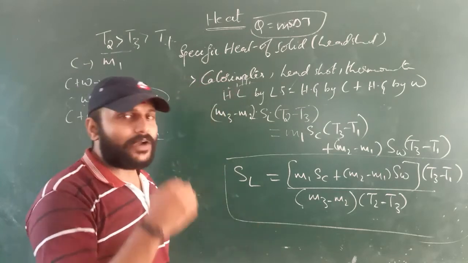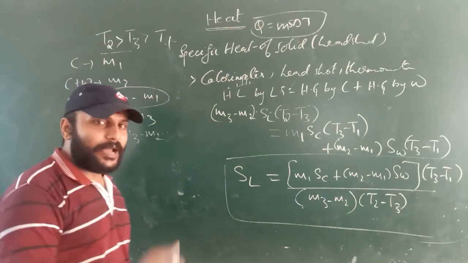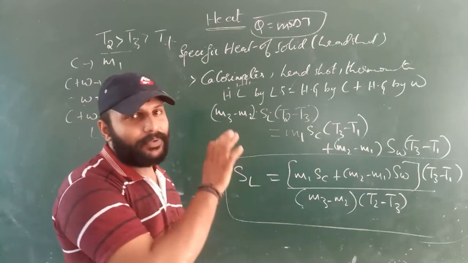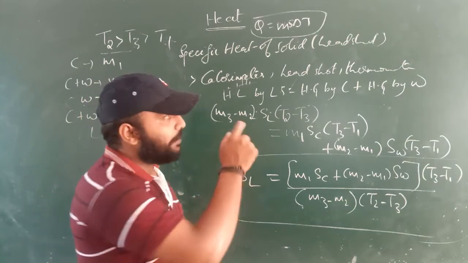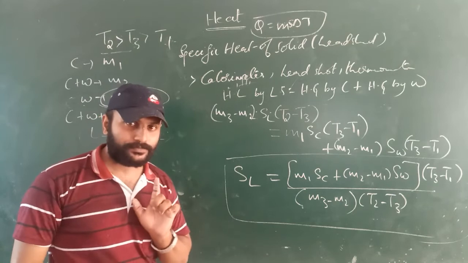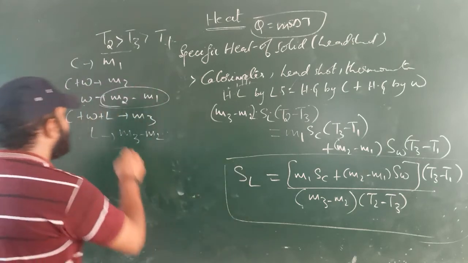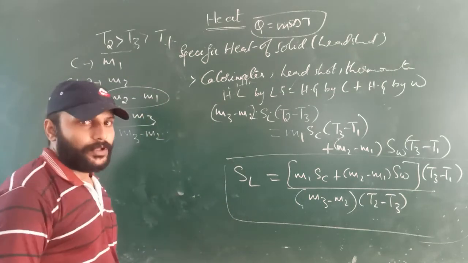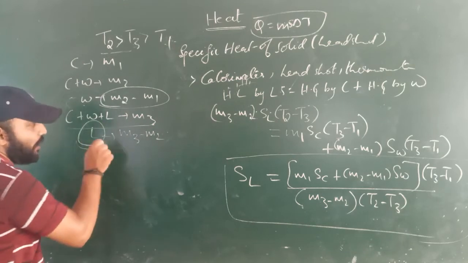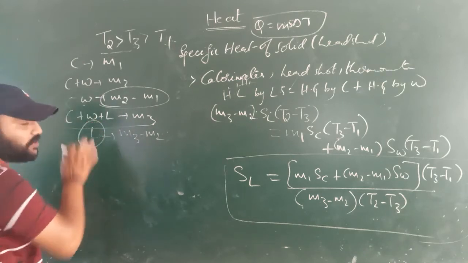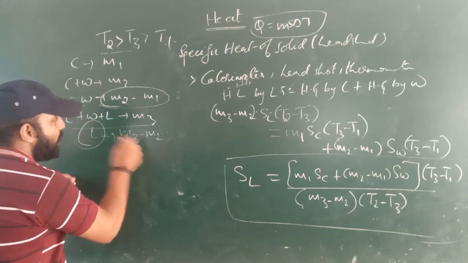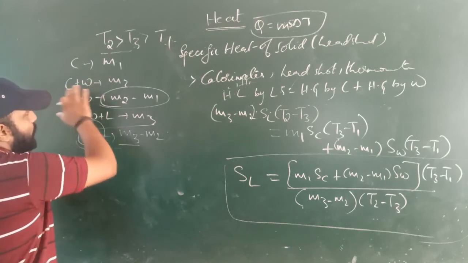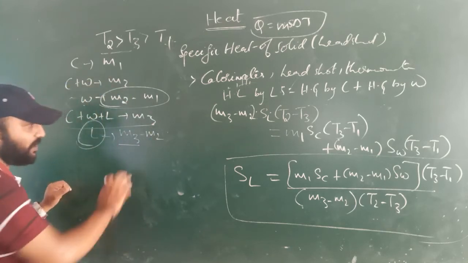Here we take the temperature of the mixture as T3, the temperature of lead shot as T2, and the temperature of the calorimeter as T1. When we mix it, the total mass will be M3. The mass of lead shot is the total mass minus the mass of calorimeter plus water, M2: M3 minus M2.